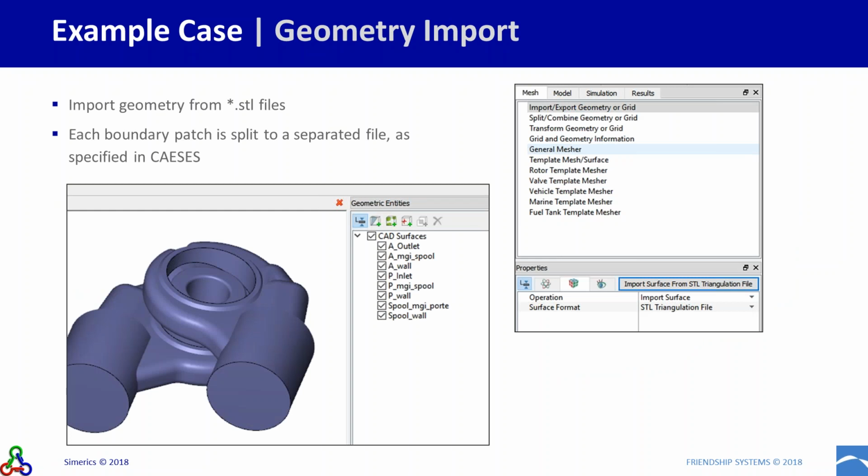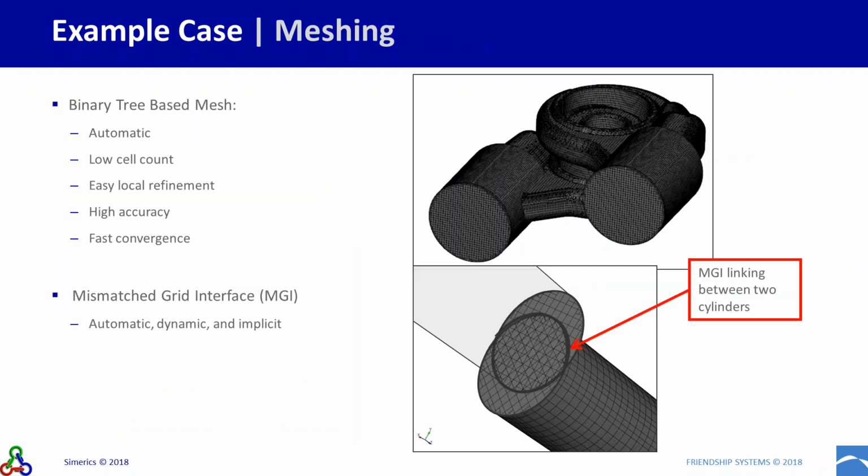So very straightforward is the geometry import. We just import all the STL files this case is generated, and we'll see this geometry import here. Next step is the meshing. We use a binary tree based mesh. It's basically automatic mesher, but the user still got a lot of control.